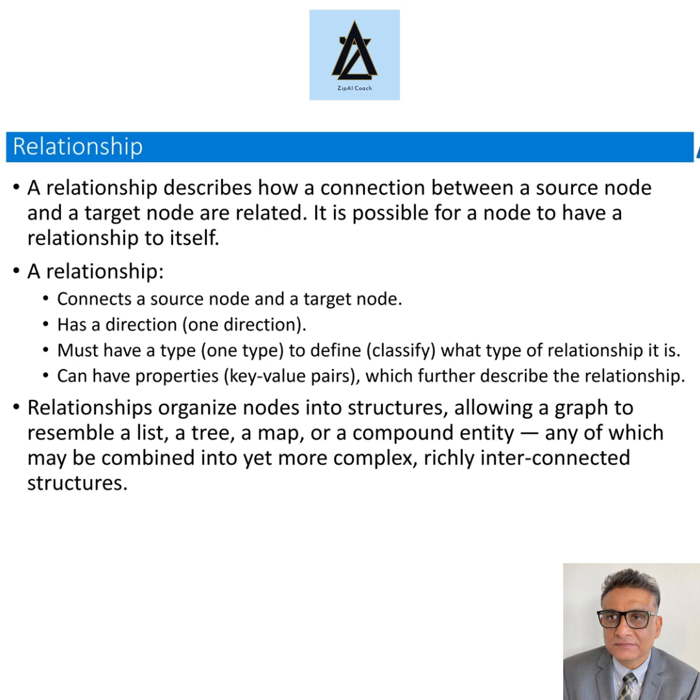Let's move on to the next part, which is relationship. So relationship, as I explained, describes how the connections between entities are made. You have a source node and a target node because the relationship is unidirectional, and it also defines a type.